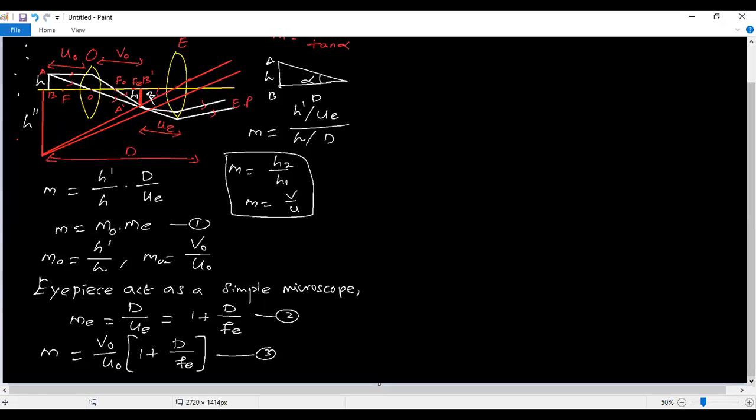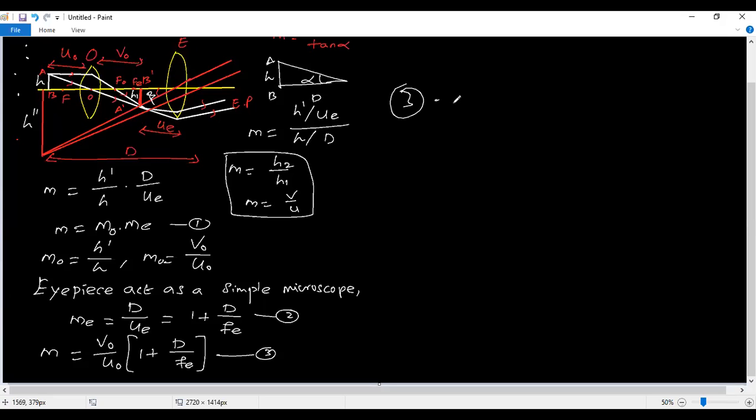In the diagram part, if you have any doubt, kindly refer to your textbook. That is equation number 3, it is done now.